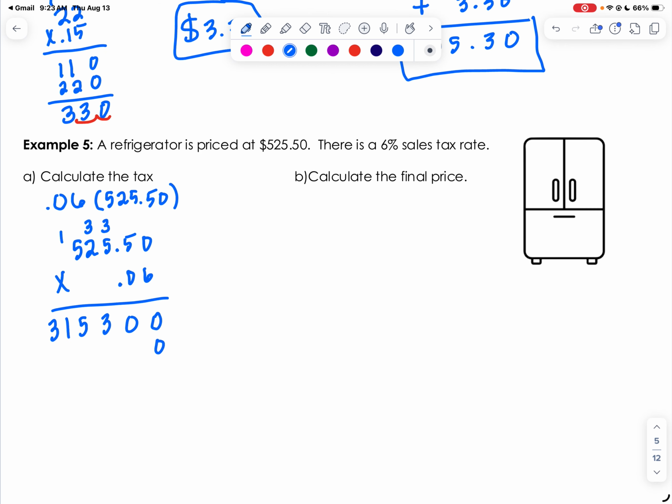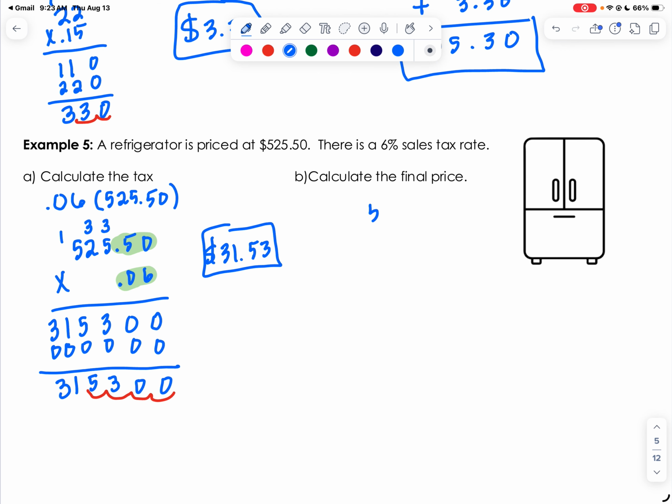Drop a 0. Now 0 times anything is 0, so all these would just be 0 again. When we add that up, we get, I want to move my decimal in 1, 2, 3, 4 places. So my tax here is $31.53.